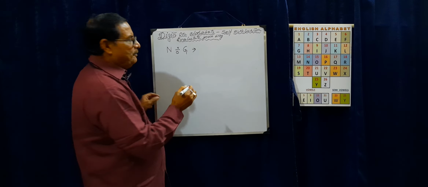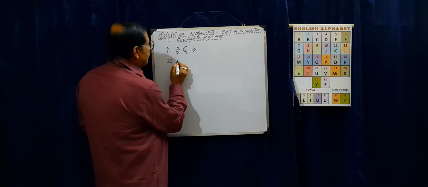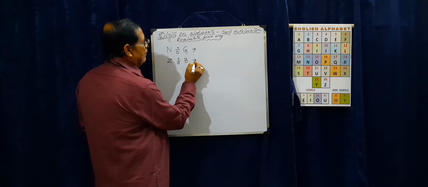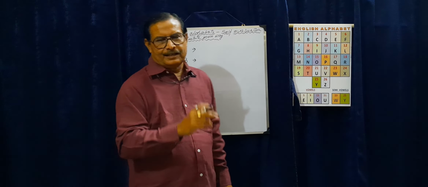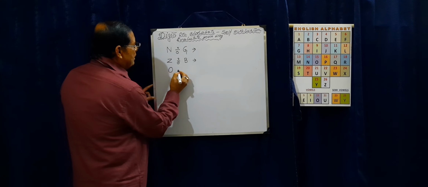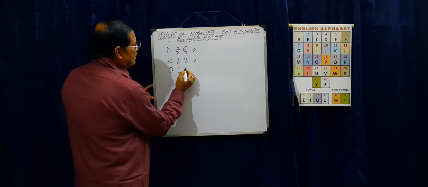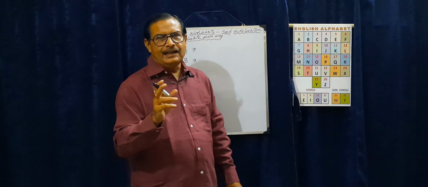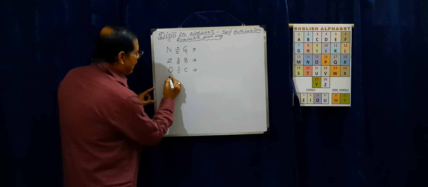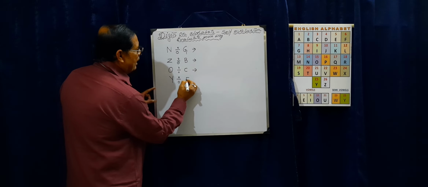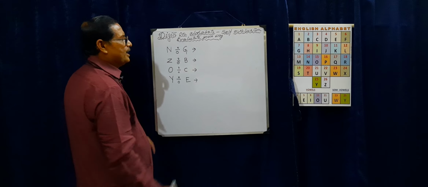Next, if Z is divided by B, what will be the quotient? If O is divided by C, what will be the quotient? And if Y is divided by E, again what will be the quotient?